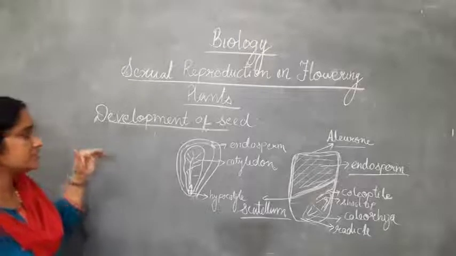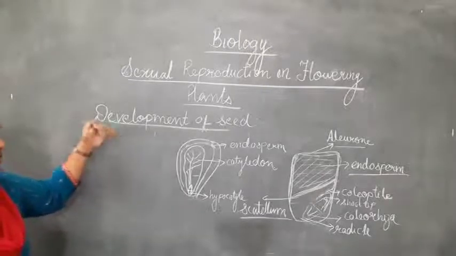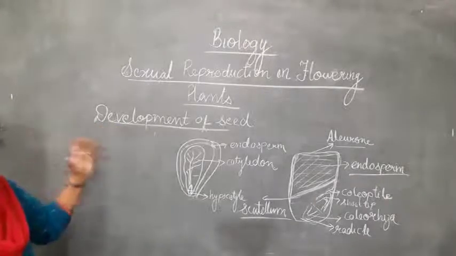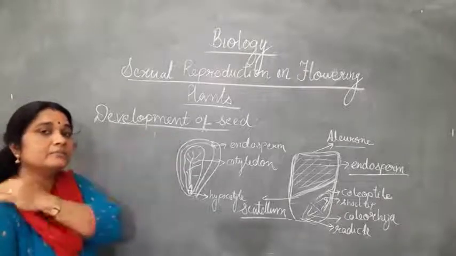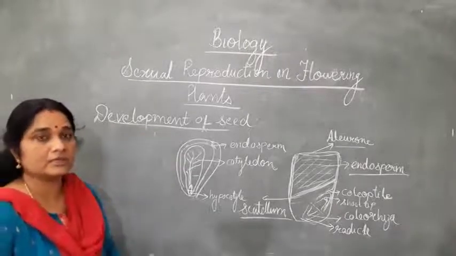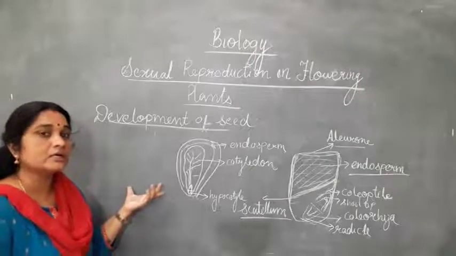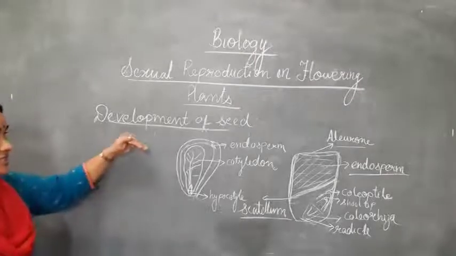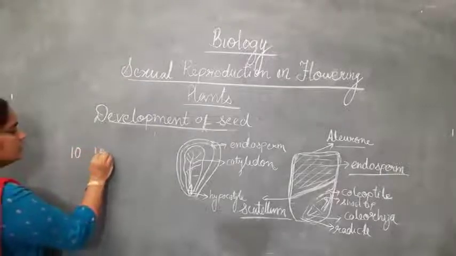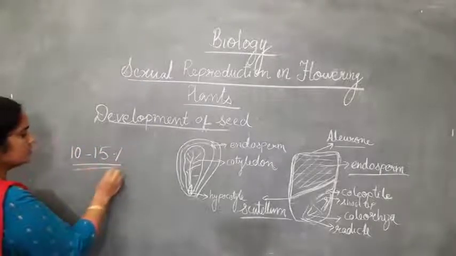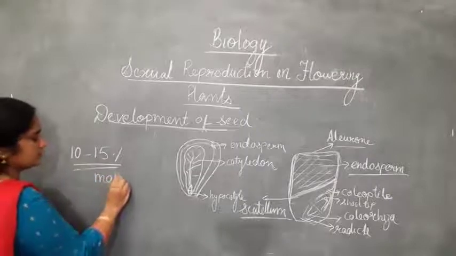So how do seeds become viable? There is one factor the seeds develop, so that they can be used again, or grow into a new plant. When the seeds mature, the seed is left with only 10 to 15% moisture in it.